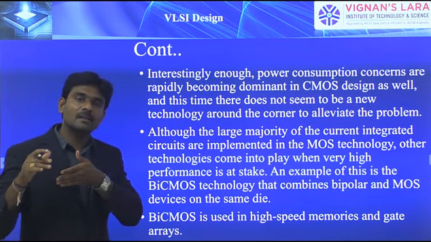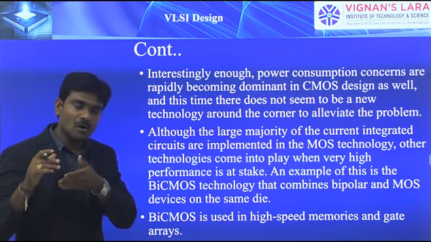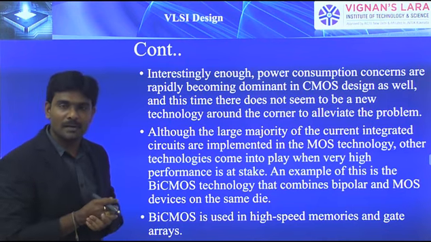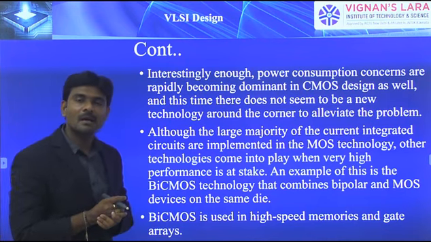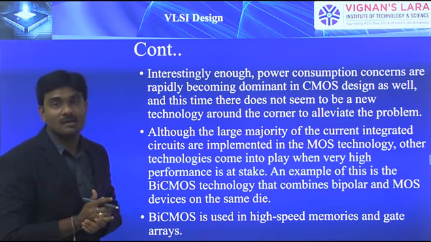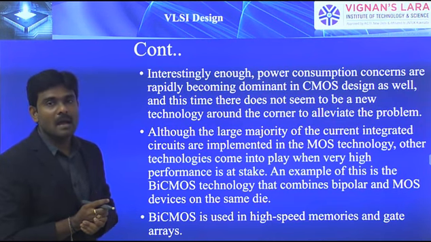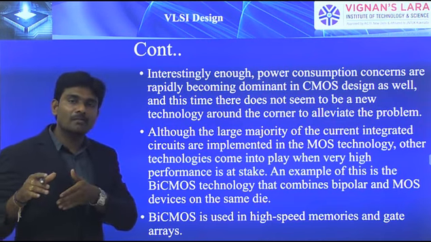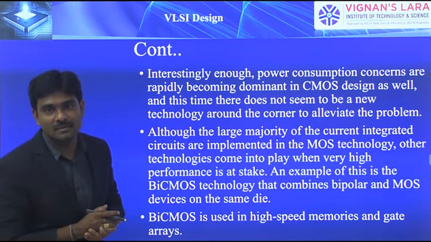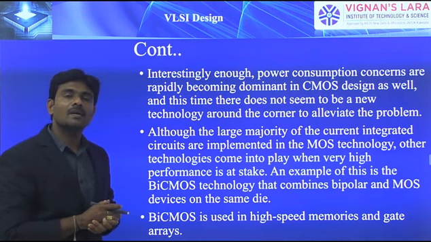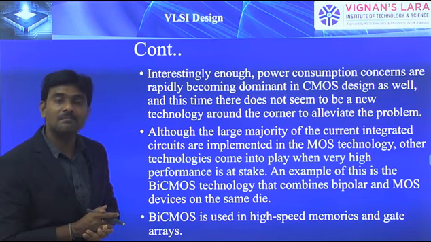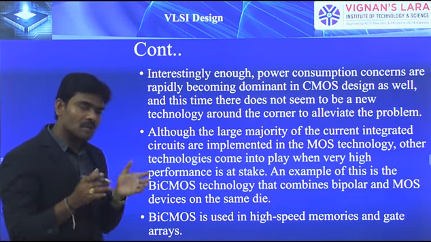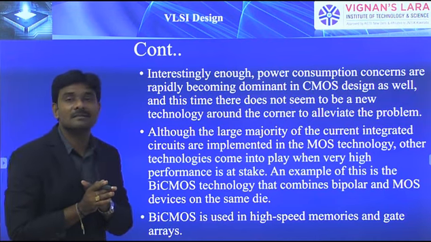And at the output side, the capability that the technology must have is that it can generate large currents. High currents it can drive. That capability is there for the BJTs. So at the output side we are going to consider the BJTs. So this is how a BiCMOS IC seems to be.